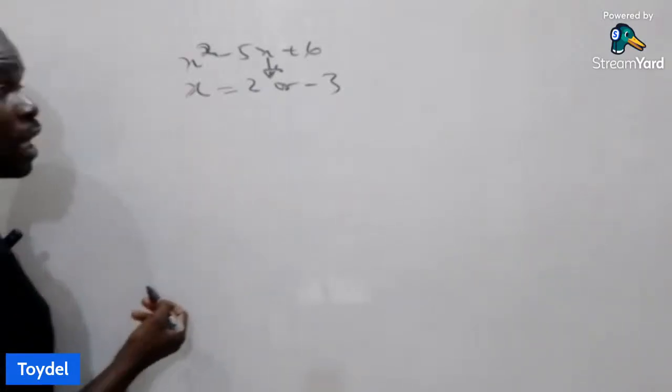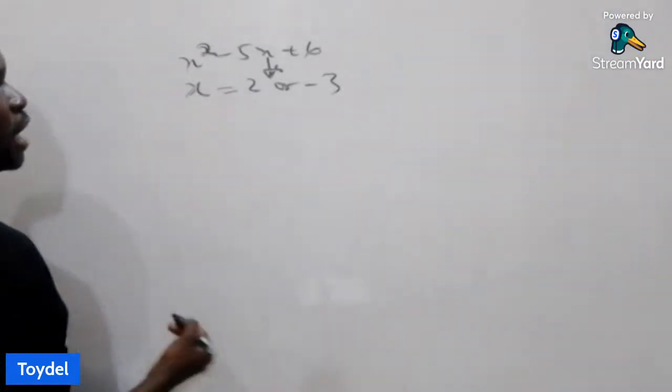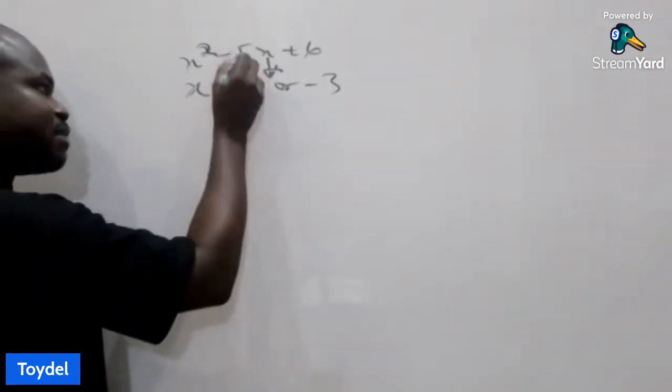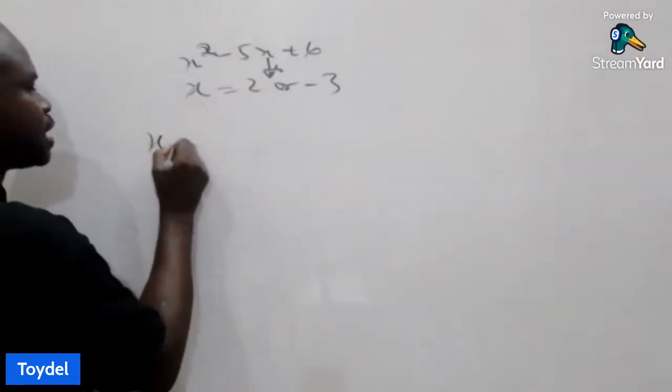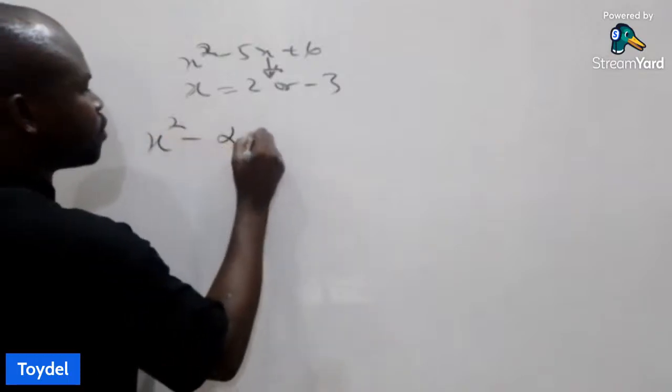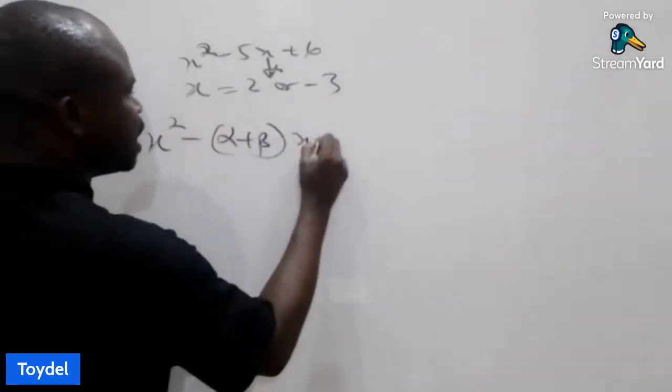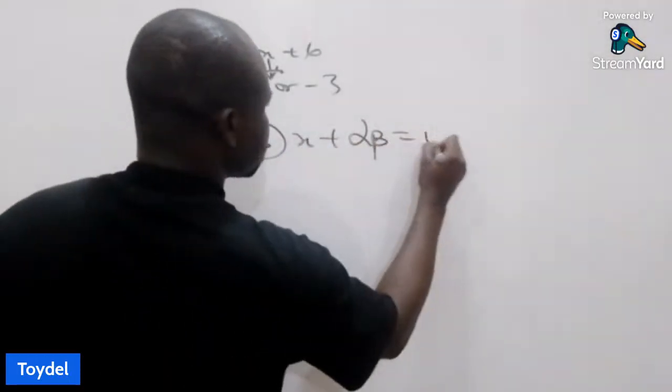Then you can check my video on theory of quadratic equations. If you want to get this back, there's a standard formula. It says that s squared minus the sum, let's say alpha plus beta, plus the product alpha beta equal to 0.